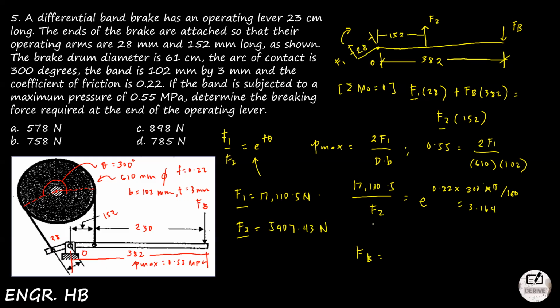Tama ba? F2 152, F1 is 28. Hindi, tama si F1. So that will be ulit 17,110.5 times 28 is 5,407.43 times 152.